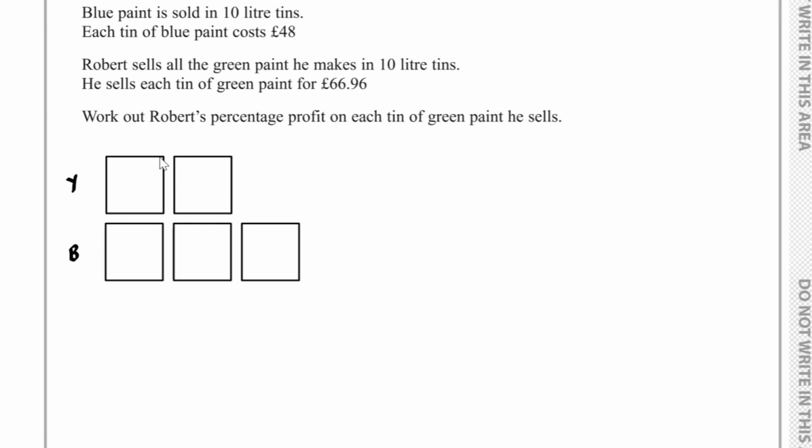Well, we've got yellow and blue in the ratio 2 to 3, and in total we know we have 50 litres. And so for each part we've got 50 divided by 5, which is 10. So we've got 10 litres for each part.